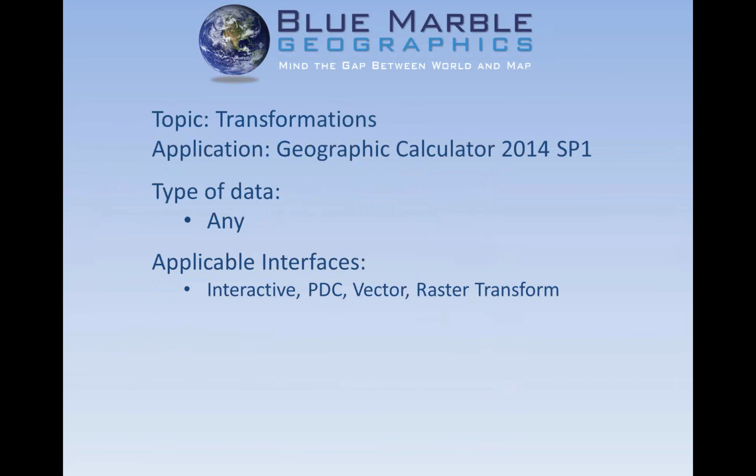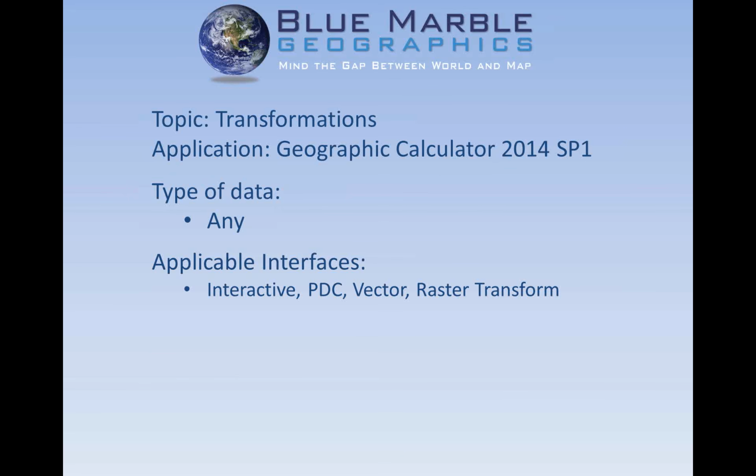So today we're going to be talking about transformations. And you'll notice I didn't say datum transformations in there, because there are actually a number of different kinds of transformations that we can do. There are things that are more generally referred to as coordinate transformations as well. And datums aren't the only thing at play. The types of data that the stuff we're going to be talking about today applies to is everything.